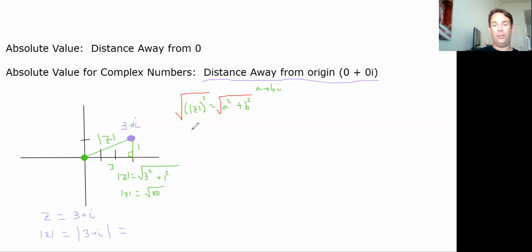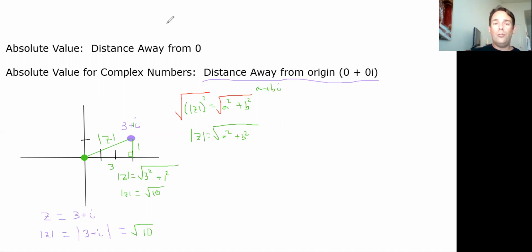We end up with the absolute value of Z equal to the square root of A squared plus B squared. Or in this case, that's why we had the square root of 3 and 1, because that was A and B. So the absolute value of 3 plus i is the square root of 10.